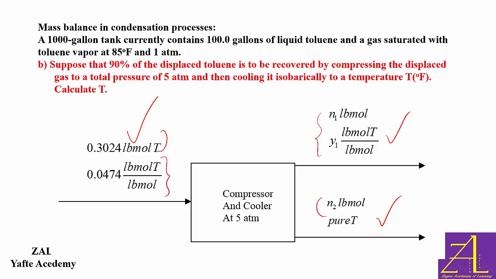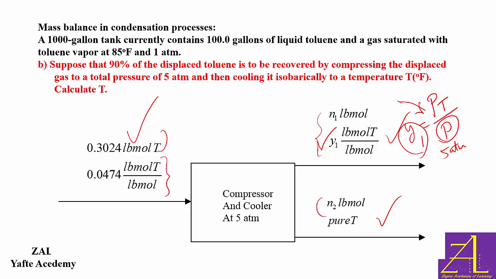So the degree of freedom is 0, and we can get Y1, the mole fraction of outgoing vapor at 5 atmospheres. We know Y1 would be equal to the partial pressure of toluene over the total pressure in this condition. The total pressure is 5 atmospheres. Having Y1, we can get the partial pressure of toluene.